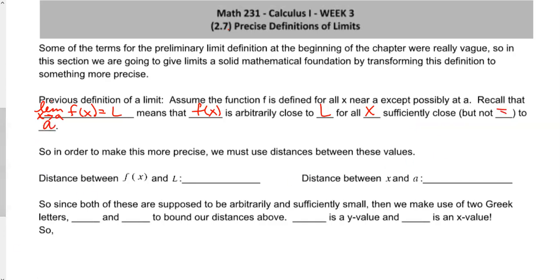So, this sufficiently close and arbitrarily close is what we're going to bring down into a more precise definition. In order to make this more precise, we must use distances between these values.